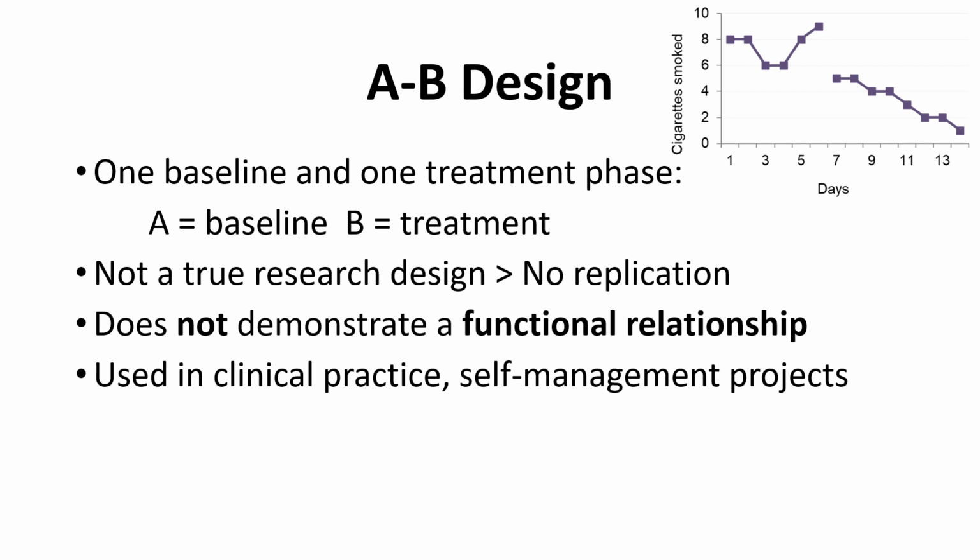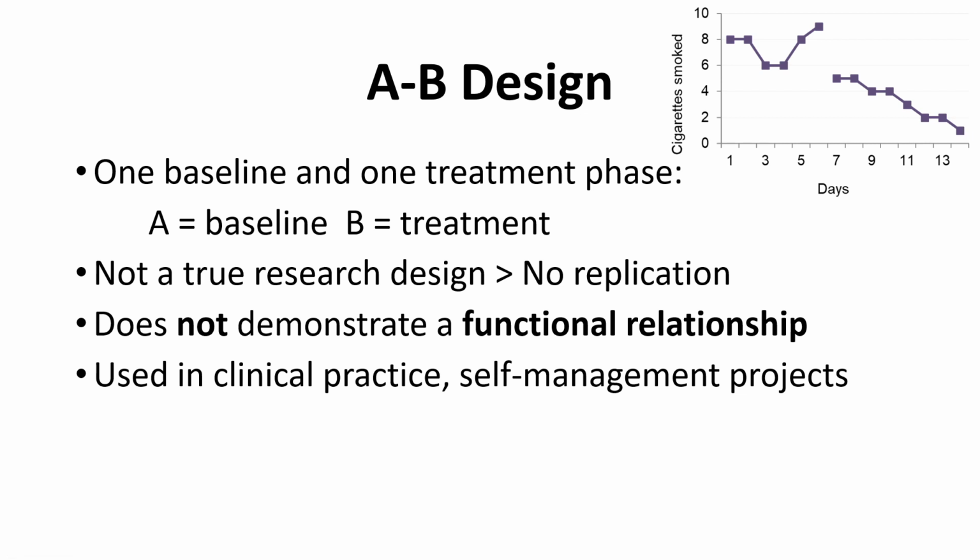But what if there's something in the environment that changed that's affecting this? What if maybe the person is in between paychecks and they don't have enough money to buy more cigarettes? So at the beginning, they still had money from their paycheck, and then they're starting to run out of money, so they buy fewer and fewer cigarettes, and then they've run out, so they can't have any more until their next payday.